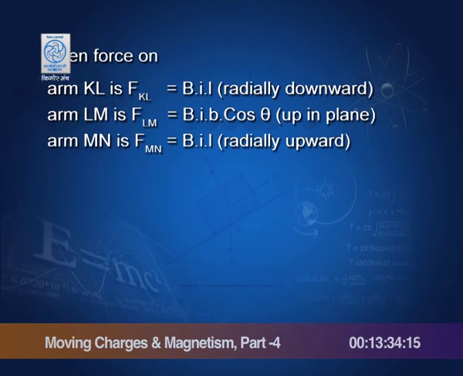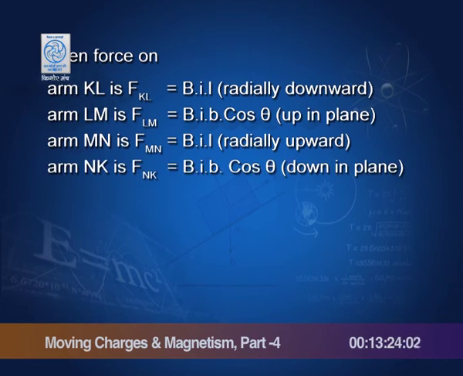Now, the force on arm MN is F_MN equals BIL. Fleming's left hand rule gives us the direction which will be radially upward. And on arm NK, F_NK equals BIb cos theta. Once again, using the same rule, we obtain the direction is downward in the plane of paper.